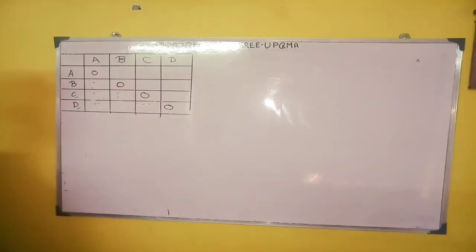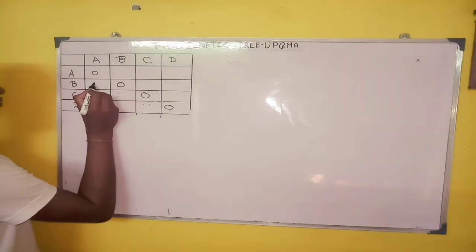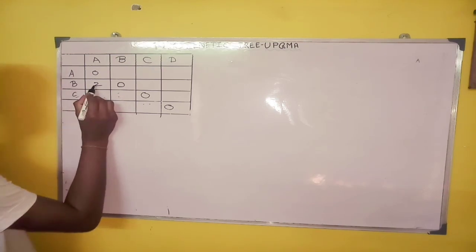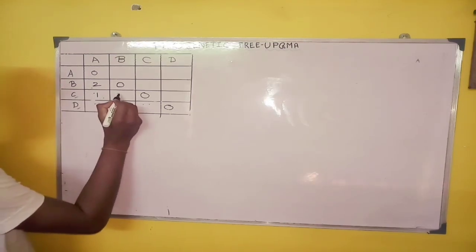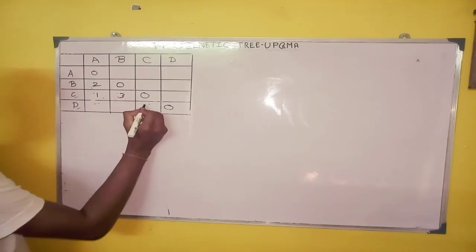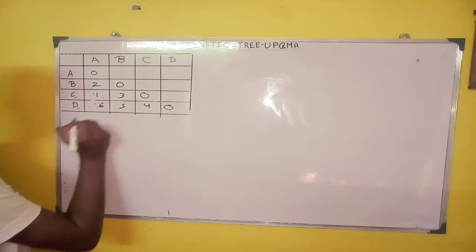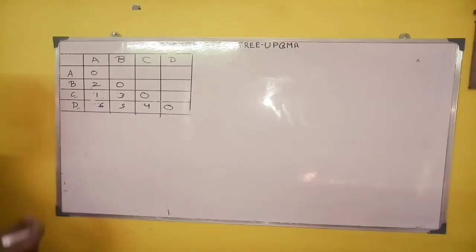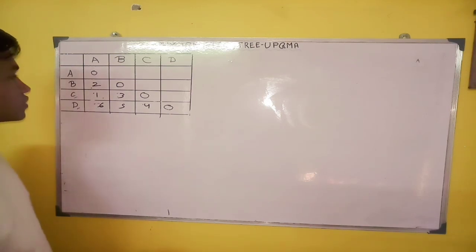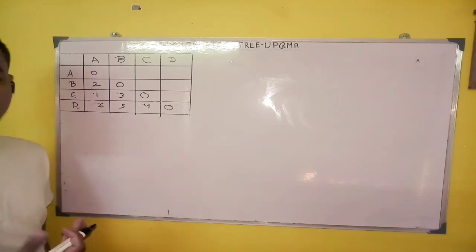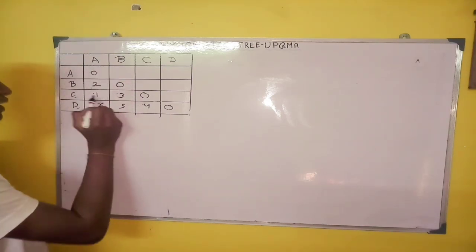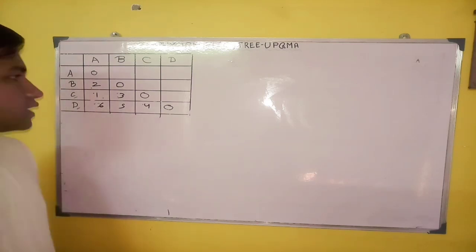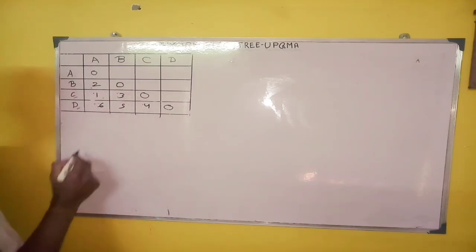So basically, suppose here is 2, here is 2, here is 1, here is 3, here is 4, here is 5, here is 6. Now look here guys. In this table, the lowest distance lies between A and C, which is actually 1.